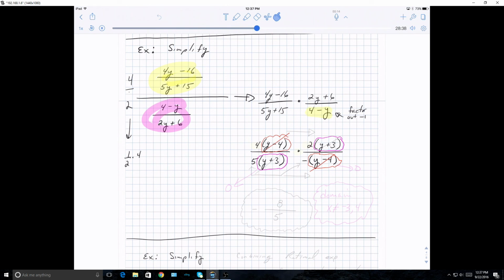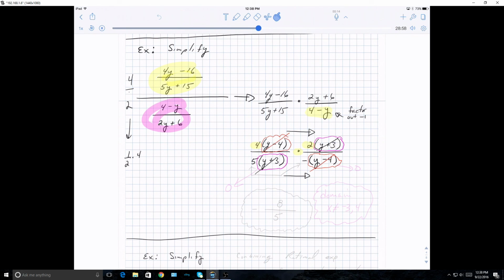And how do you multiply fractions again, guys? Straight across. So we have 4 times 2, because all of this is gone.